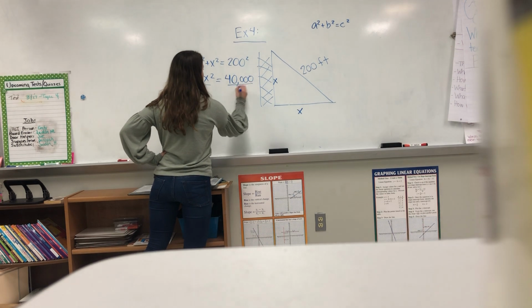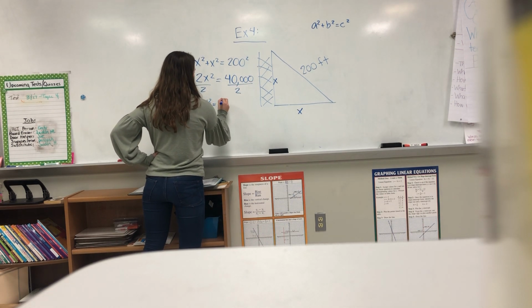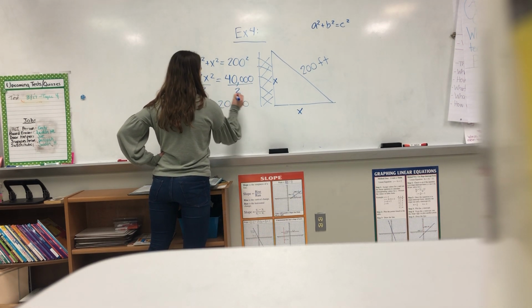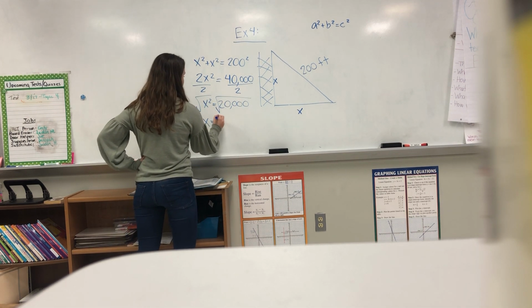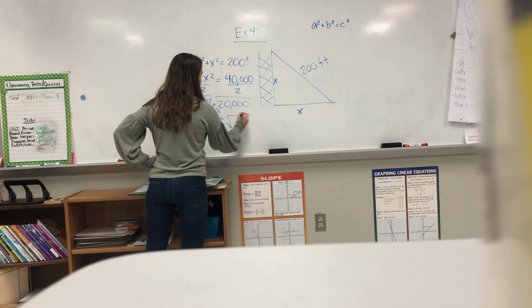Divide by 2. Divide by 2. x squared equals 20,000. Take the square root of both sides. x equals plus or minus radical 20,000.